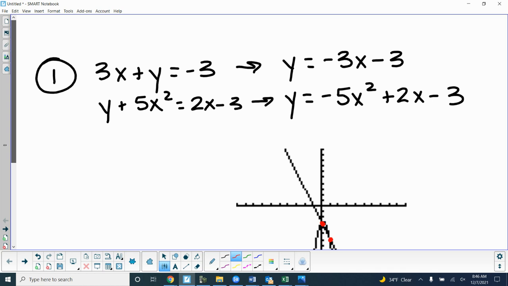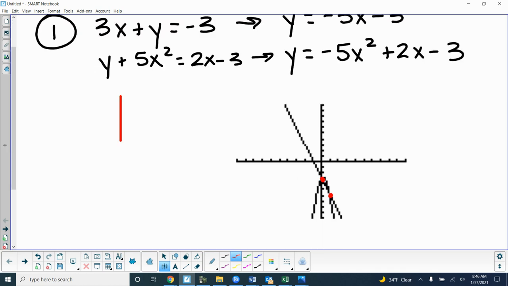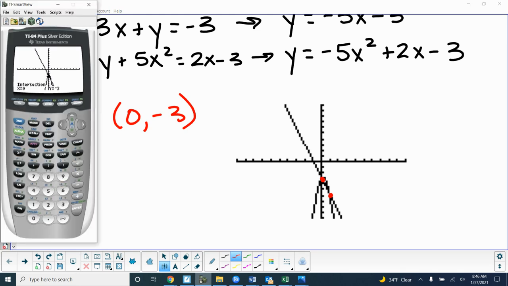And this is y equals mx plus b, and the b value in slope-intercept form gives you the y-intercept, right? So you got a -3 right there just by looking at it, okay? So one of our solutions is 0, -3, okay? And then I'm going to do the same procedure, the same steps. Second, trace 5.